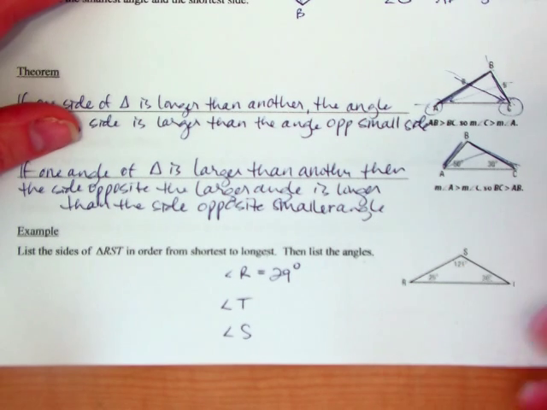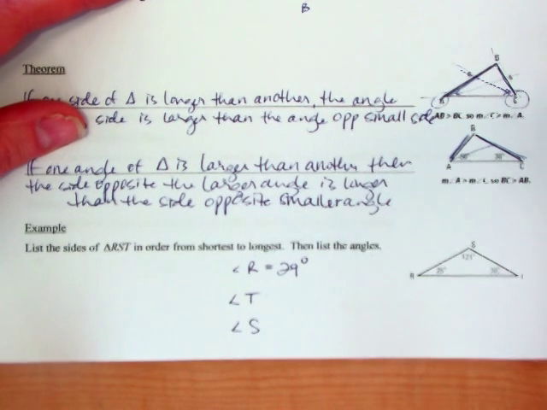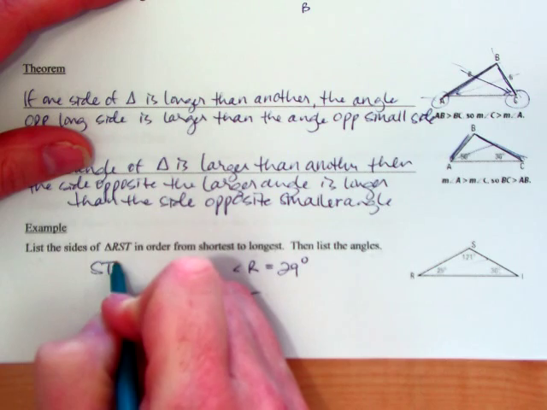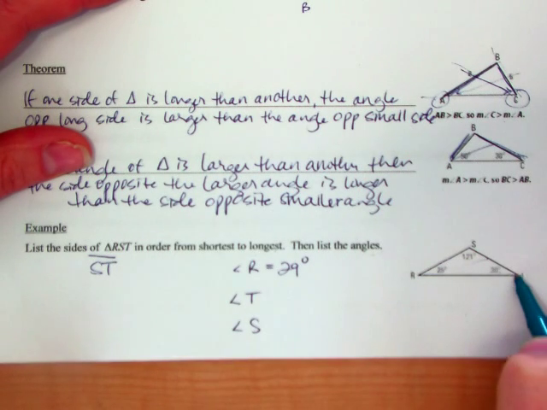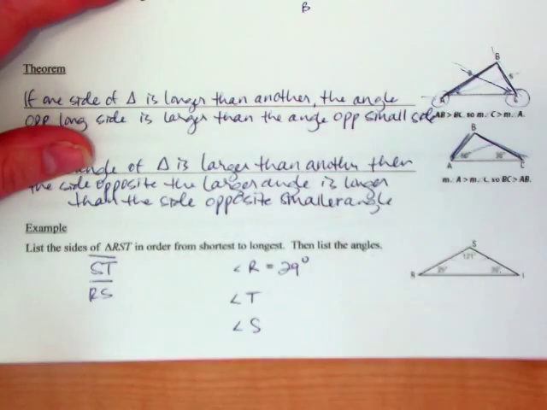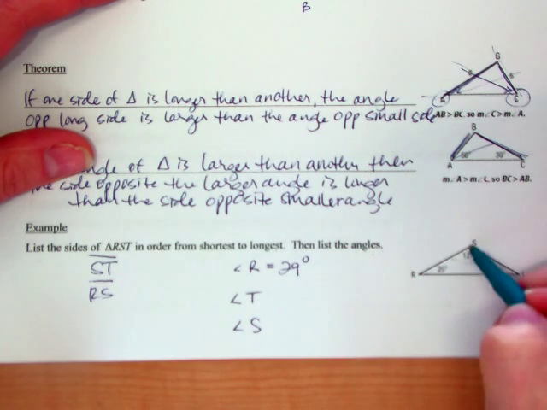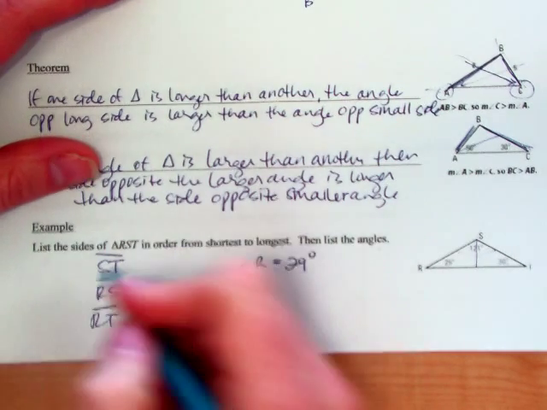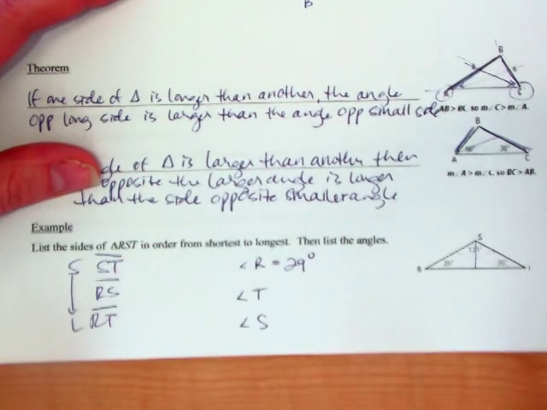So now your sides are what's across from that. So across from R is ST. That's the shortest side. Across from 30 is RS. That's the second longest. Across from S is RT. So now I've got all three sides going from smallest to largest.